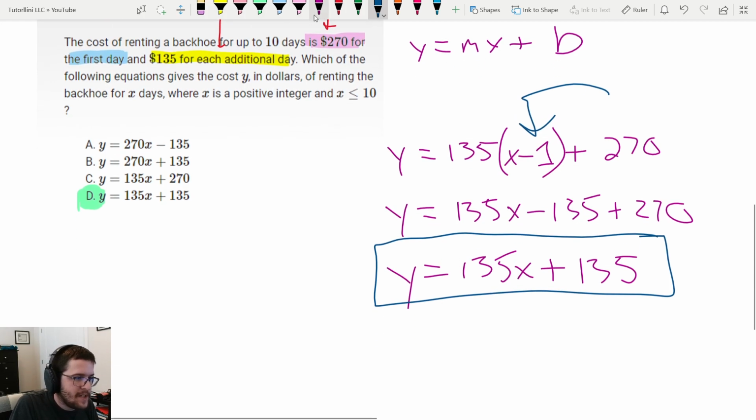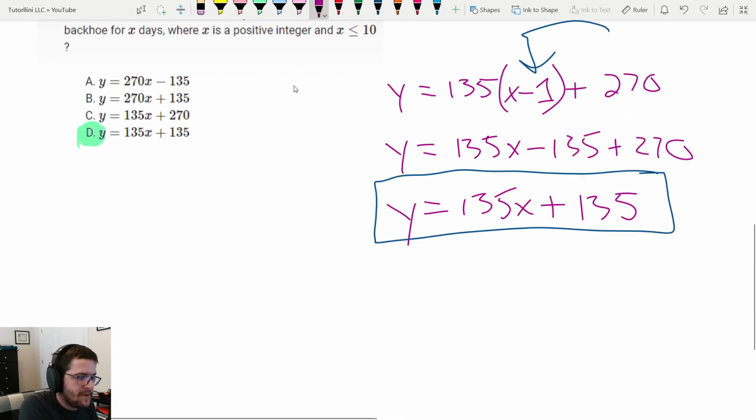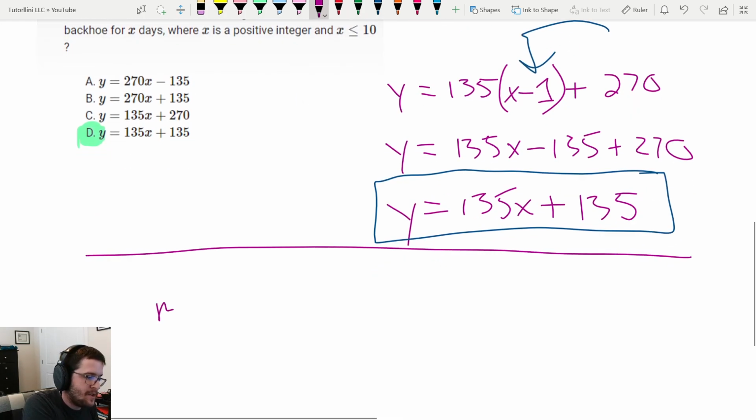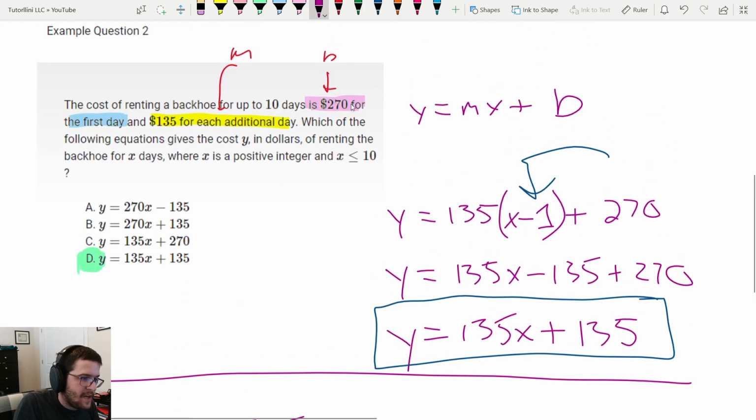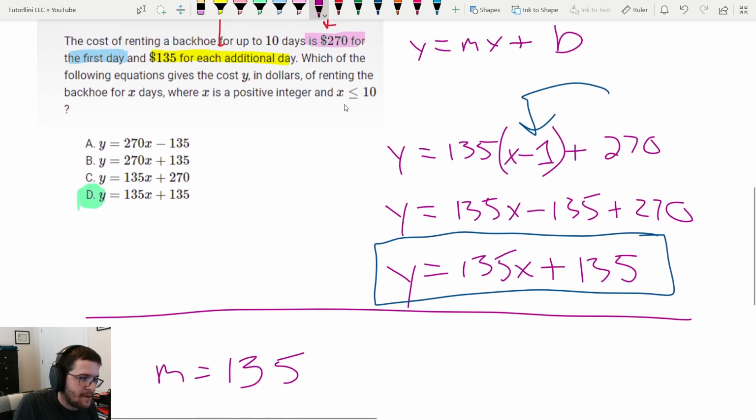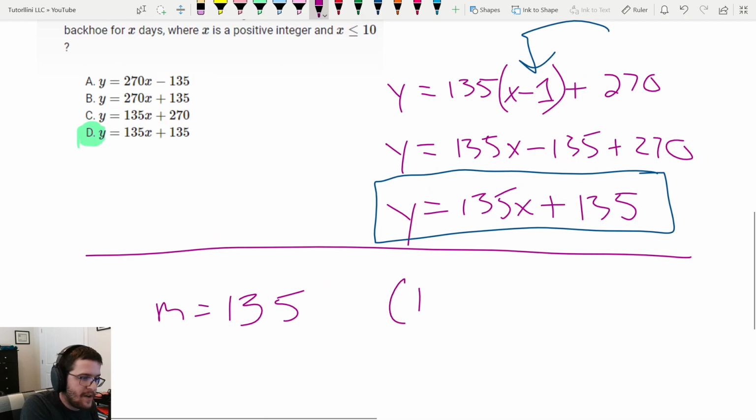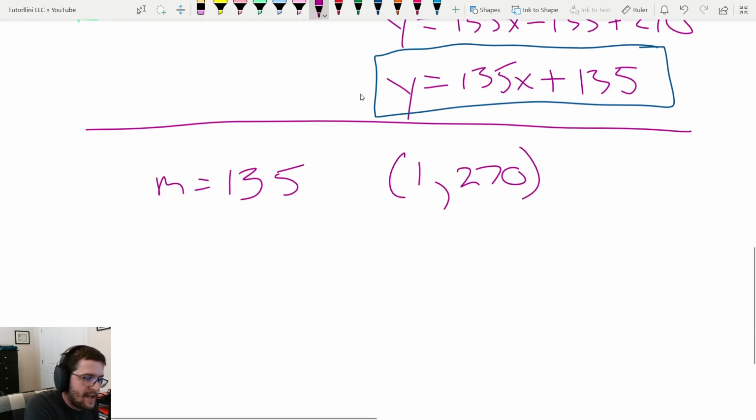Now, what I probably would have done here, personally, is I would have just gone, okay, the slope is 135. And then they give me a point, $270 for the first day. So 1 day, which is x, comma, 270. And then found the equation of the line that way, either using point-slope or using mx plus b.